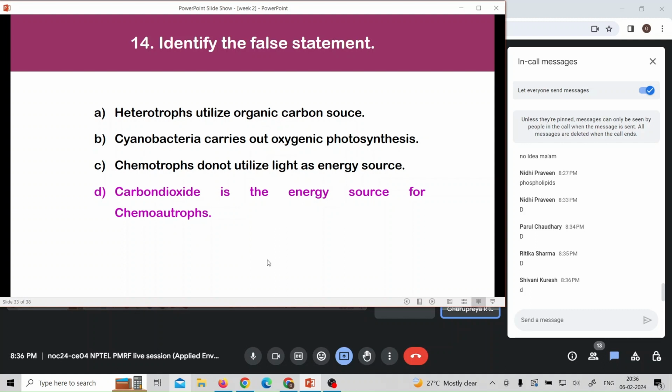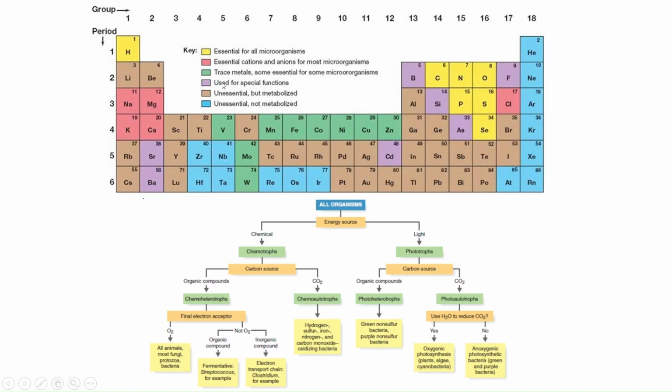Here you can see that the elements that are highlighted in yellow are essential for all microbial organisms. So we all know that carbon, hydrogen, nitrogen, and oxygen form the bases, and we have seen why phosphorus and sulfur are important. Selenium is also an essential nutrient for microorganisms. Whereas you can see all these green color things are trace metals, that is, they are required and they have very key roles, but they are required in very small quantity.